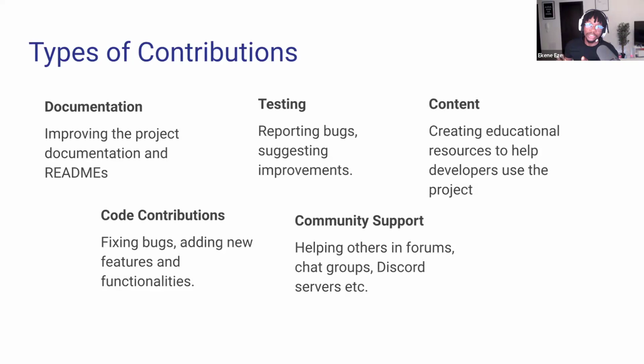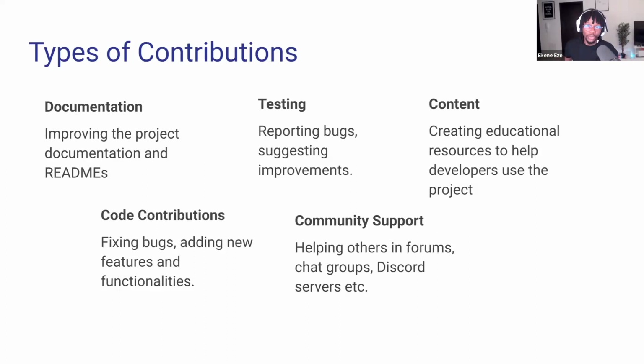Let's say React, for instance. If you wanted to contribute to React today, you could start by improving the docs. Almost every open source project I know has its documentation open, its READMEs open, its contributing.md files open, everything is open.